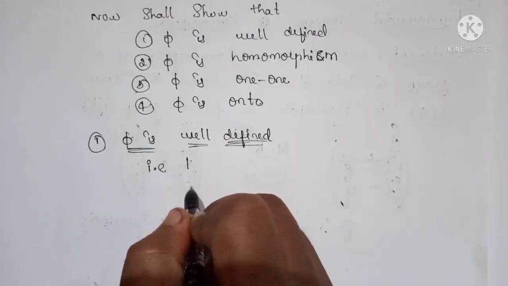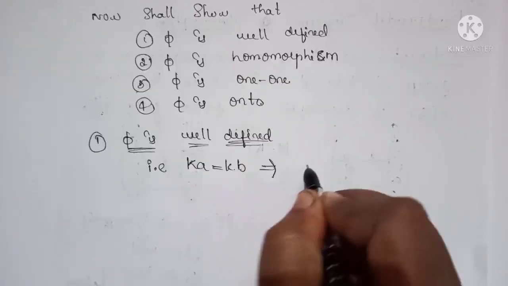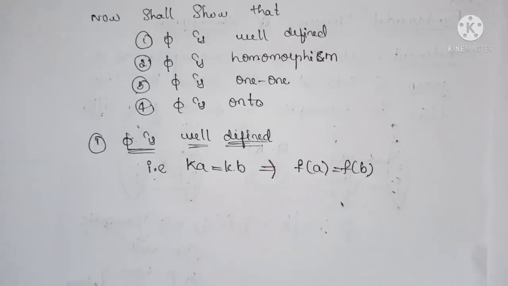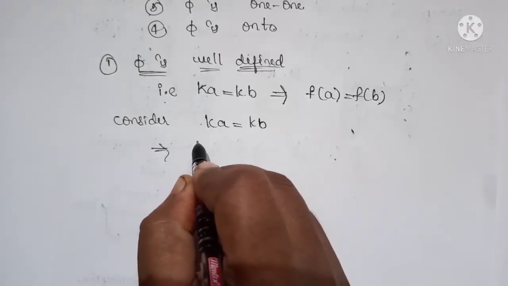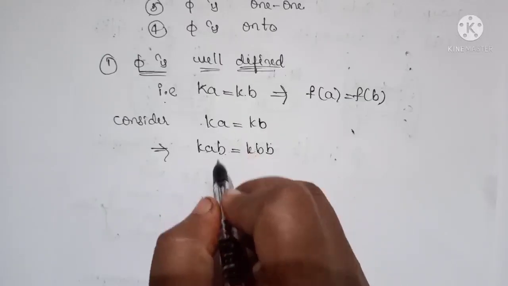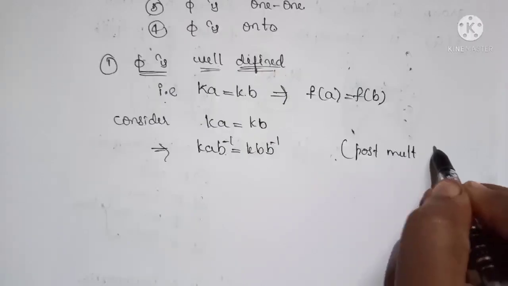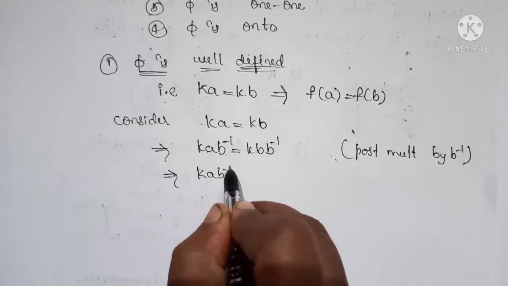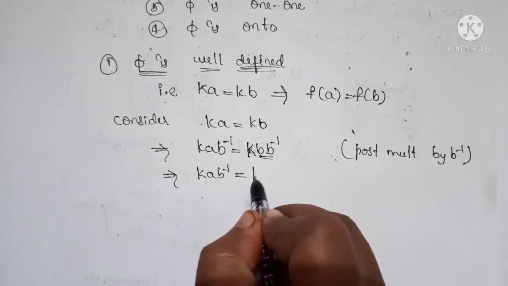That is, we consider two elements from G by K, Ka equals Kb, and we have to show that f of A is equal to f of B. So consider Ka equals Kb, then post multiplying both sides by B inverse, we get Ka B inverse, and B into B inverse equals the identity element, so we get K only.